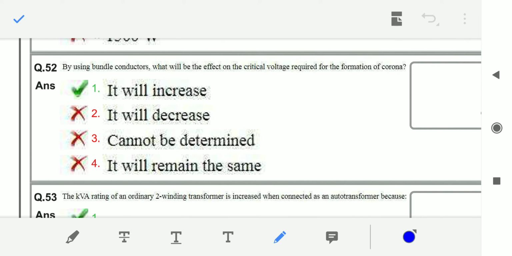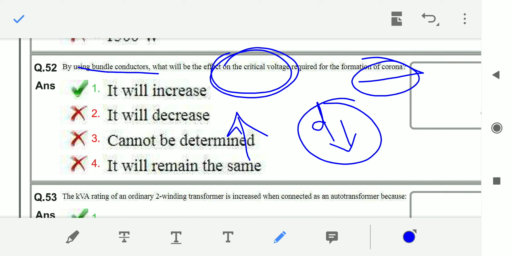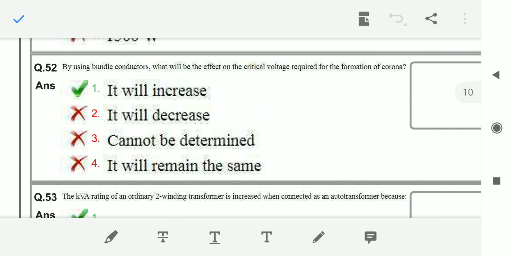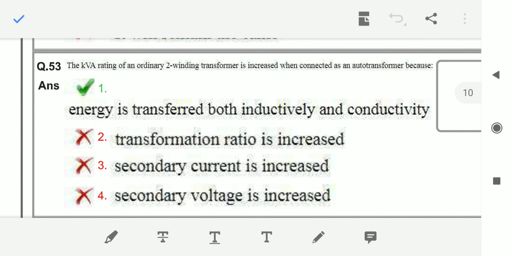When we are using bundled conductors, the diameter is effectively increased so that corona will be reduced, so the critical voltage will be increased. Option 1 is right.